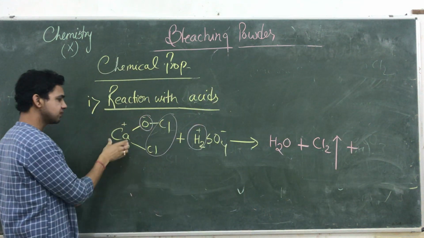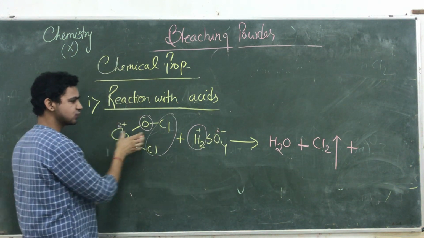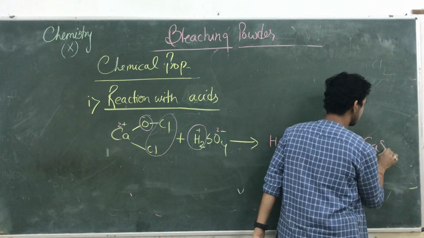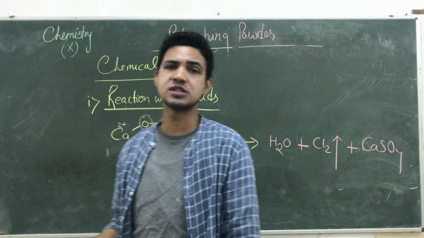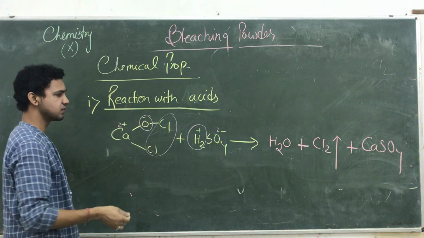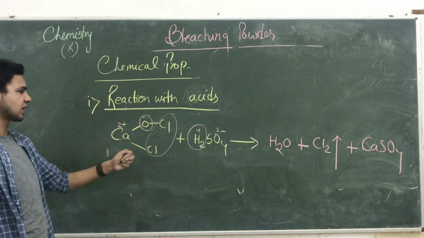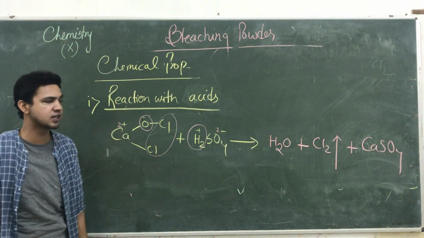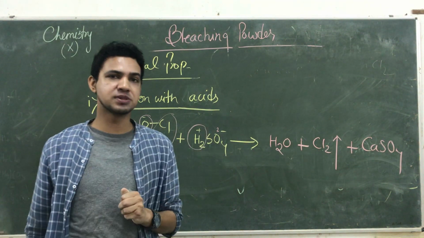And what is left now? Ca is 2 plus, sulfate is 2 minus. So Ca2 plus reacts with SO4 2 minus, giving CaSO4. CaSO4 has no color. It always remains inside the aqueous medium. So when the bleaching powder reacts with H2SO4, it gives H2O, Cl2 and CaSO4. The same will happen with HCl.